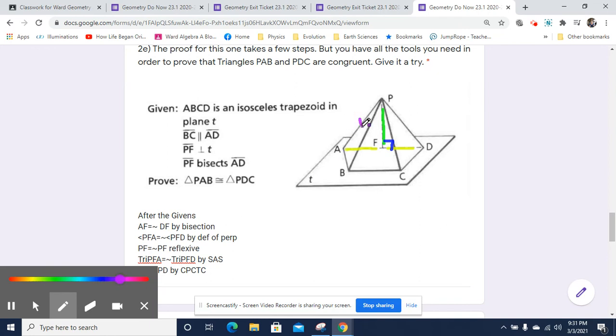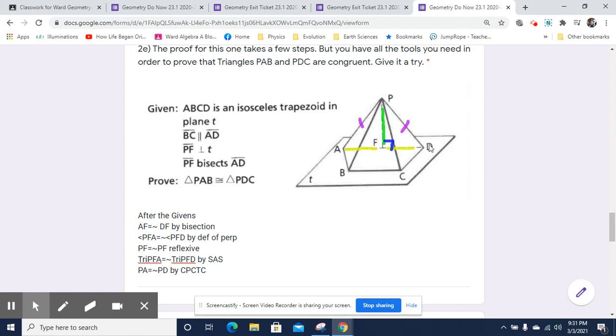So I'm going to mark this and this. All right. At this point, we're going to need to draw some lines because in order to get the next triangle, we're going to need to get these sides.